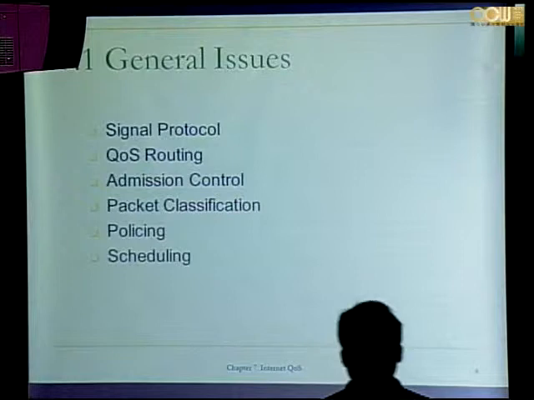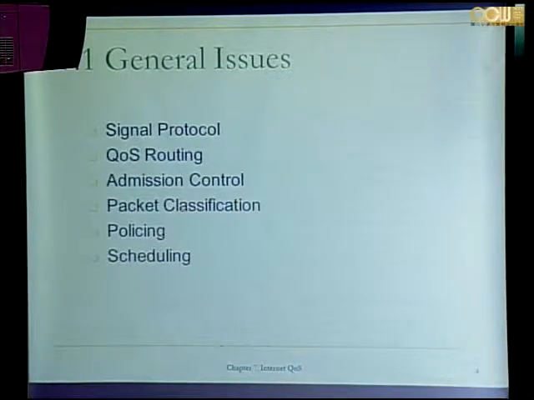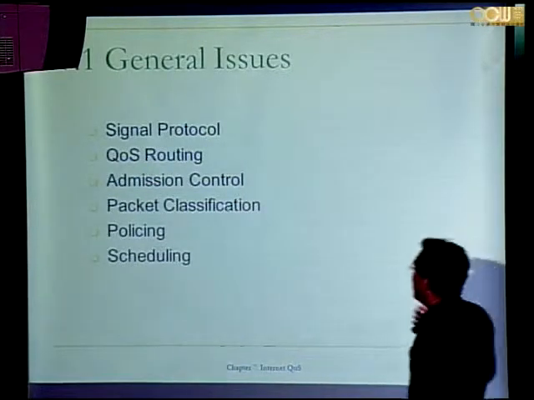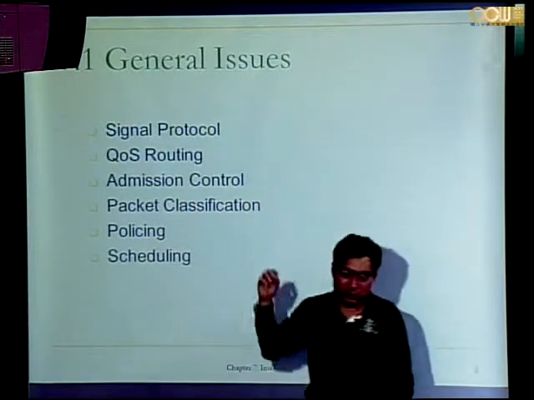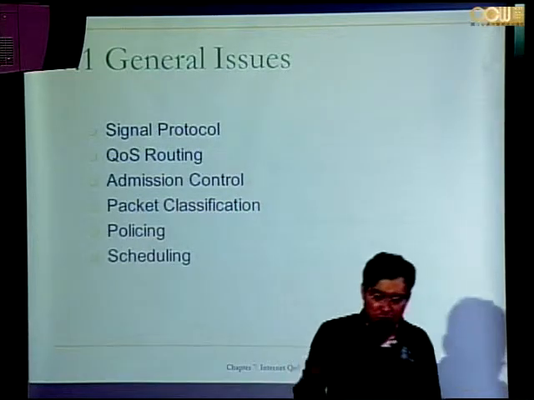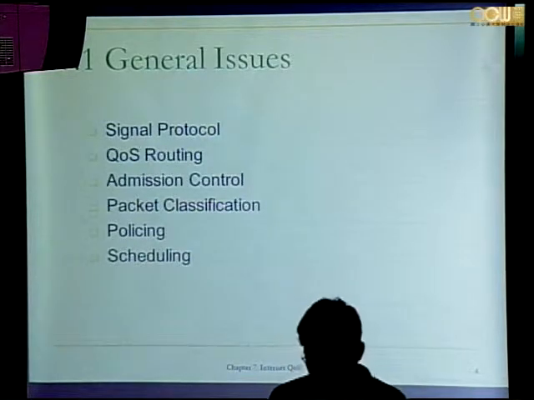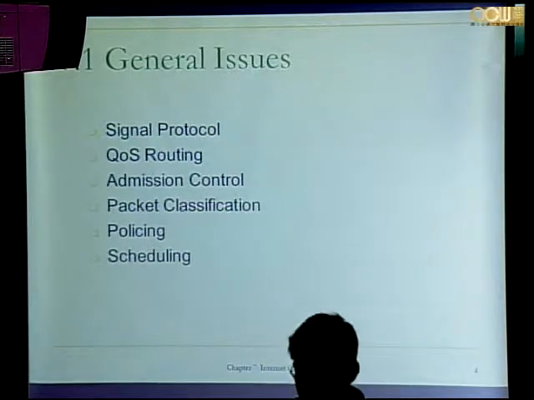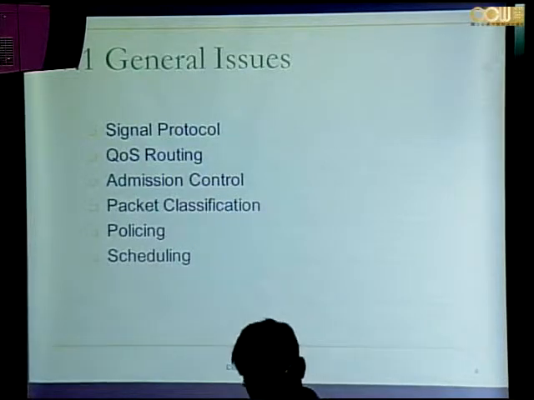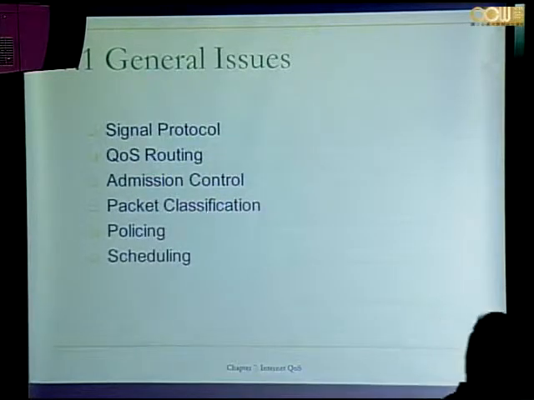So in the control plane, you need to do what? You need the traffic source to tell the network how much bandwidth it needs, what kind of delay, latency, performance it needs, how much bandwidth and the delay requirement it needs.